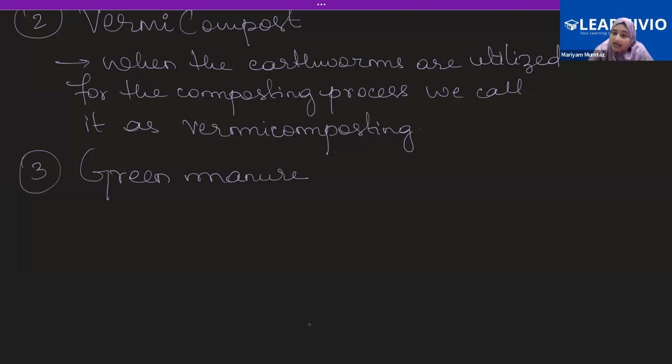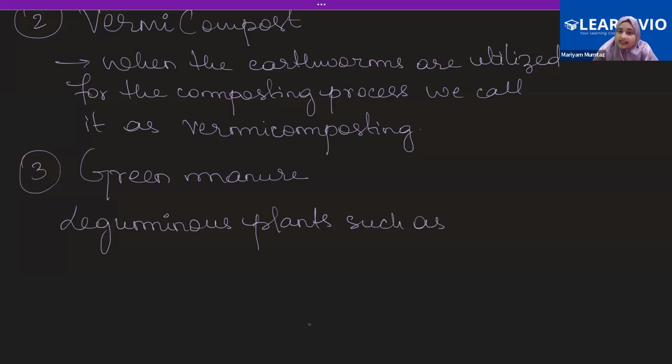There are many plants that are utilized as manure in order to enrich the quality of the soil, in order to provide nutrients to the plant. So when we talk about green manure, here you'll write leguminous plants, meaning legume plants.